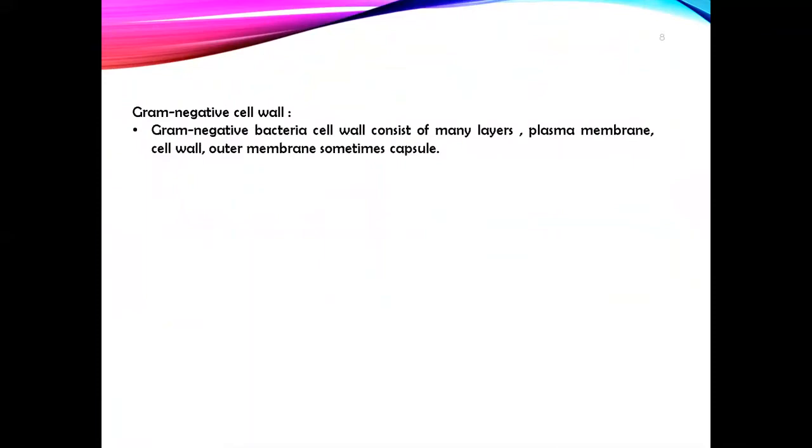The gram-negative cell wall consists of many layers: plasma membrane, cell wall, outer membrane, and sometimes a capsule. It contains a lipoprotein layer which connects the peptidoglycan to the outer membrane.